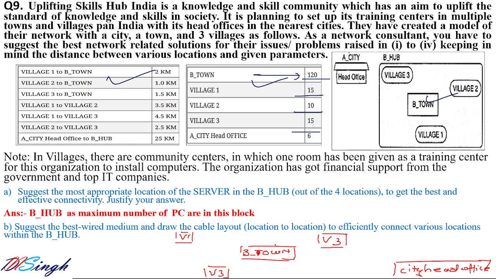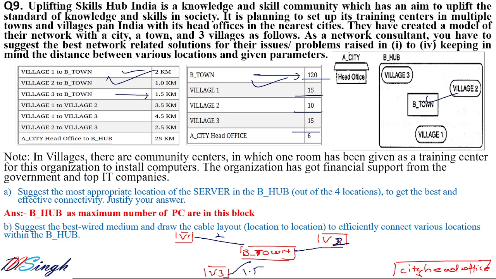So B town to village 1, how much distance does it have, like 2 kilometers. And from B town to village 3, okay, so we have taken this link, fine. And then B town to village 3 will have 1.5. Okay, so we have taken this link also, 1.5, and that is in kilometers. This should be V2.